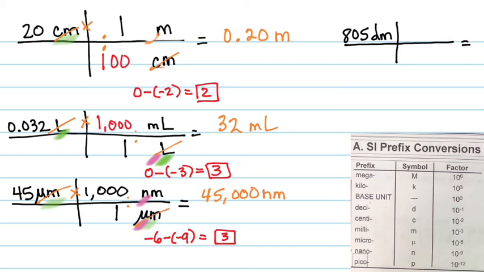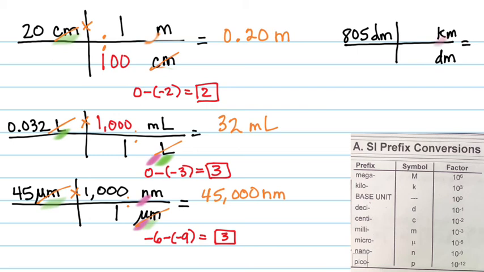Okay. So decimeter, step number 2, place our units. I'm going to repeat decimeter at the bottom, and we're going to kilometer. If you say kilometer, that's fine. You're in Tennessee, don't really care. 805 decimeters to kilometers.